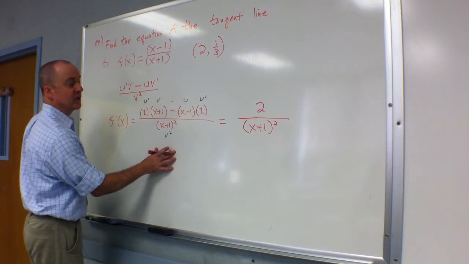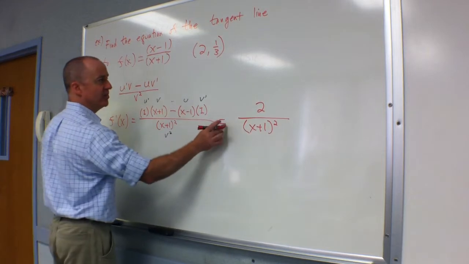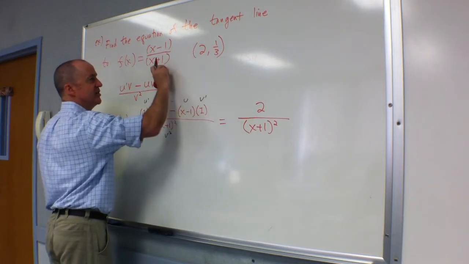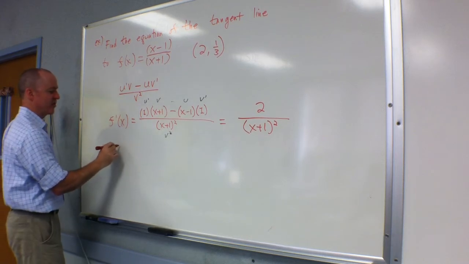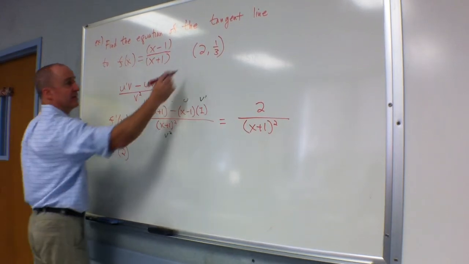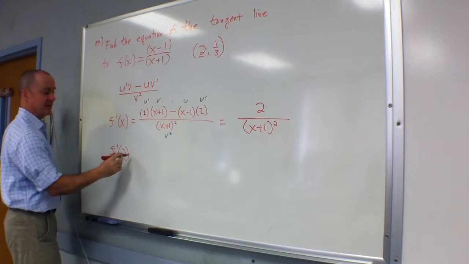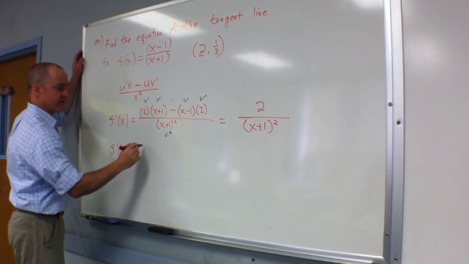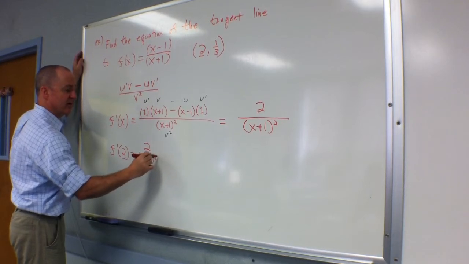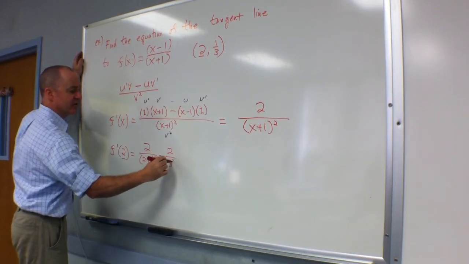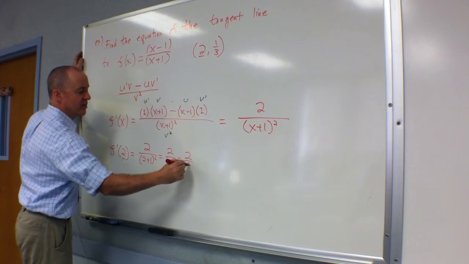And we do. So to find the equation of the tangent line, we're looking for the slope of the line that touches this graph at this point. Another way to say that is we're looking for f prime of 2. Take this x value, plug it in here to the derivative, and that means 2 over 2 plus 1 squared, which is 2 over 3 squared, which is 2/9.